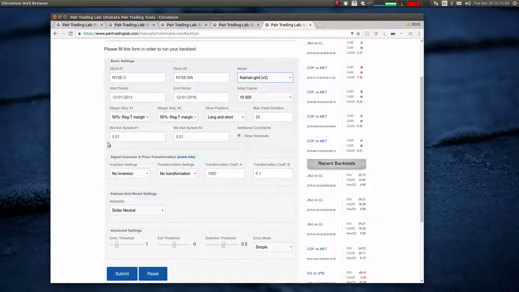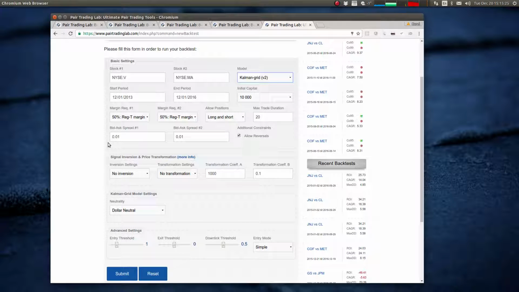Yes, it optimizes not only delta, the transition covariance, but also the VE, the observation covariance. But it doesn't really optimize entry threshold. The entry threshold you must figure out yourself.